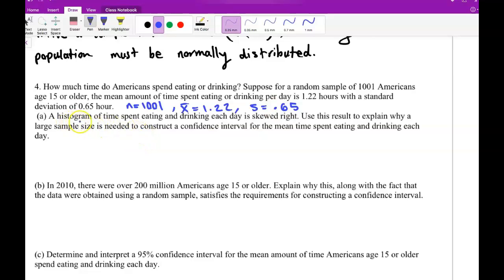Part A, a histogram of time spent eating and drinking each day is skewed right. Use this result to explain why a large sample size is needed to construct a confidence interval for mean time spent eating and drinking.